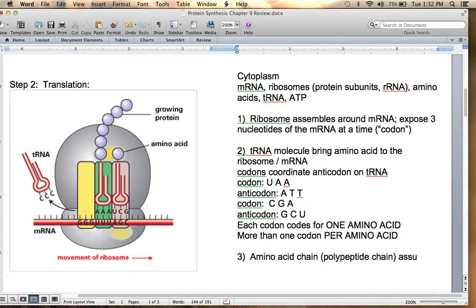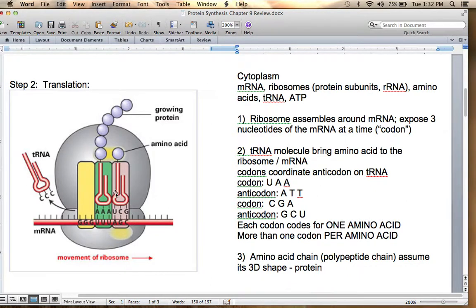It's going to assume its 3D shape to become a fully activated protein. It's going to disconnect from the ribosomal subunit and go out, and there are other proteins called chaperone proteins that will help it fold into its final 3D shape.